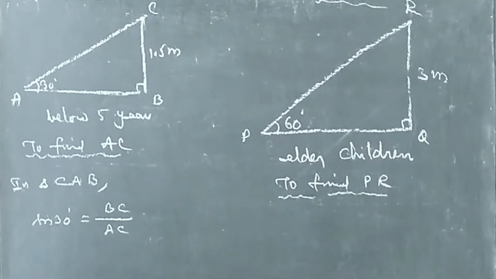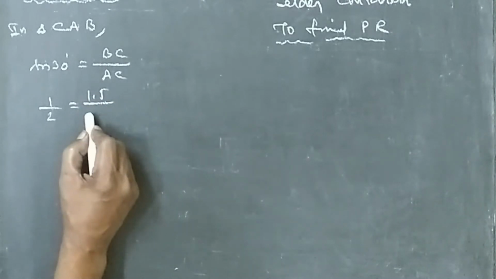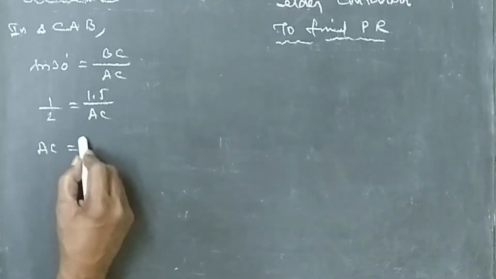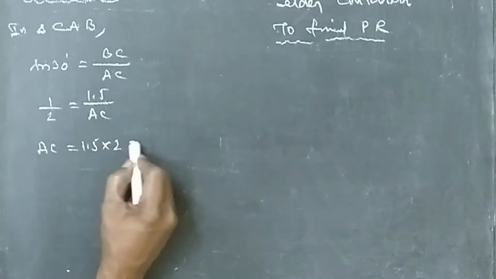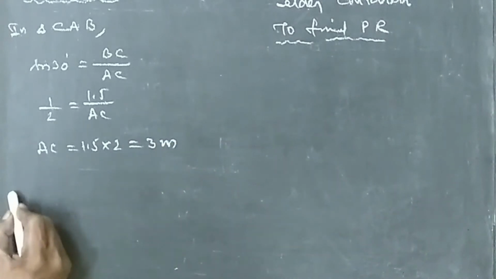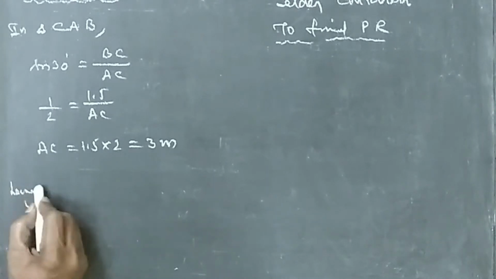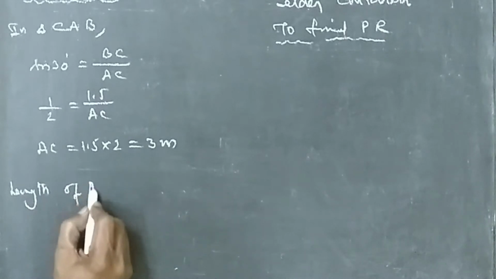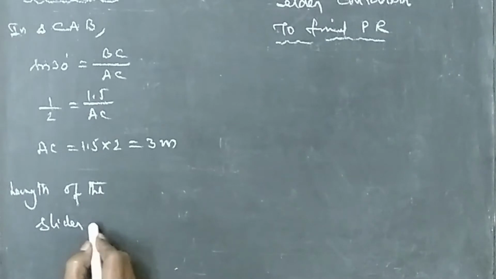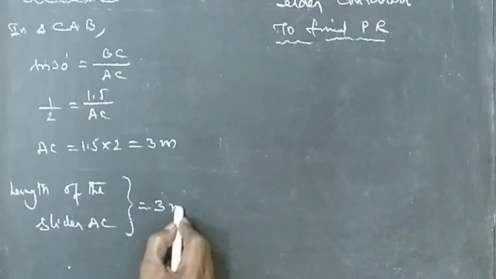Sin 30 we know is 1 by 2, equal to 1.5 by AC. Now AC is equal to 1.5 into 2, which is 3 meter. That is, the length of the slider AC is equal to 3 meter.